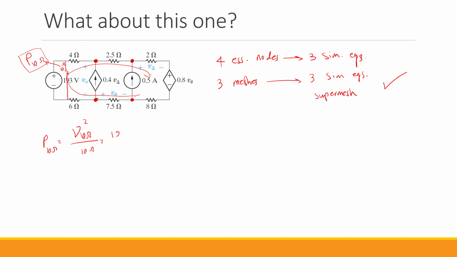So it would be 193 squared over 10, whatever this value is, right? So this was a very basic example for you to see that there are cases for which you don't even have to solve the whole circuit.